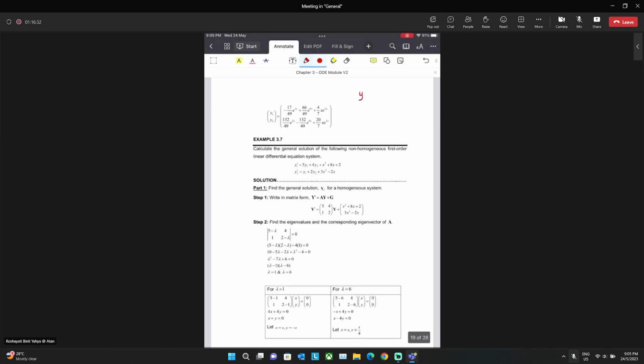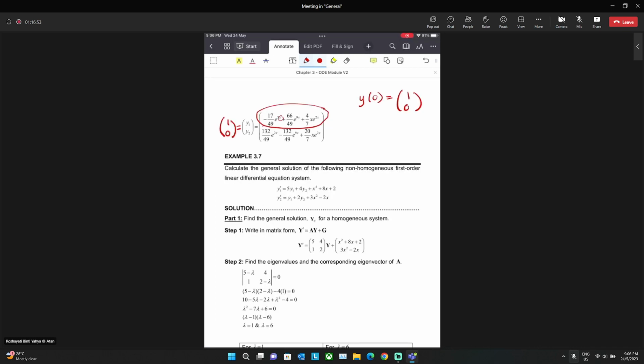Okay, y0 equal to 1, 0, meaning that if here 1, here 0, meaning that if you change your x equal to 0 here, okay, if you change x equal to 0 for the top part, the above here, you will get 1, and then if you substitute x equal to 0, for the bottom part, you will get 0.